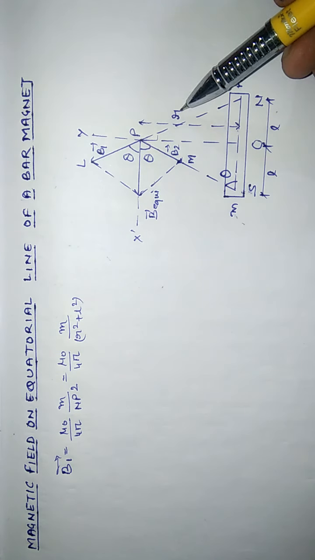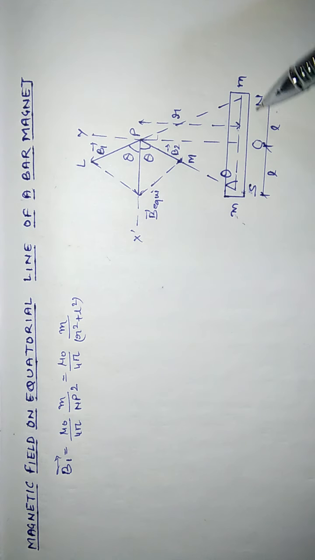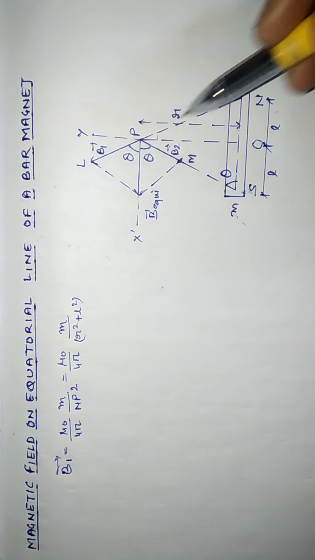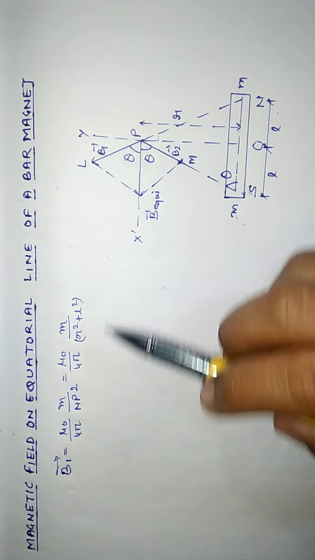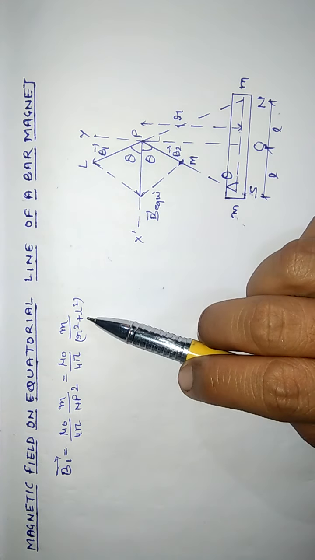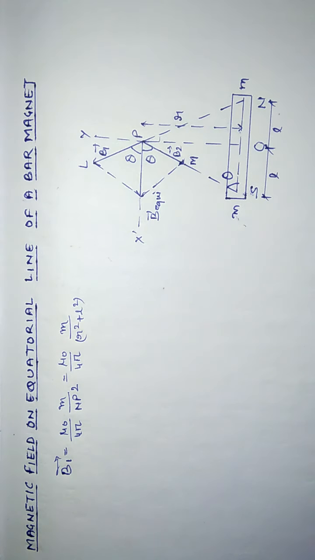This is because this distance is L and this distance is L, so the hypotenuse will be under root r square plus L square, and the square of it will be equal to r square plus L square.